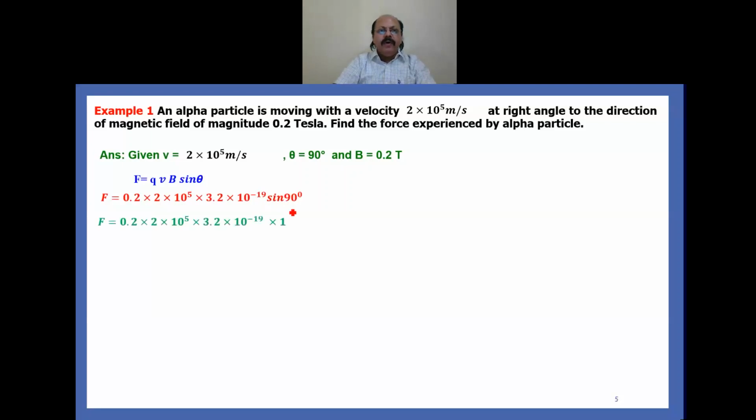So finally you will get F equal to 0.2 into 2 into 10 to the power 5 into 3.2 into 10 to the power minus 19 multiplied by 1. After calculation you will get F equal to 12.8 into 10 to the power minus 15 Newton. So this much force is experienced by the alpha particle.